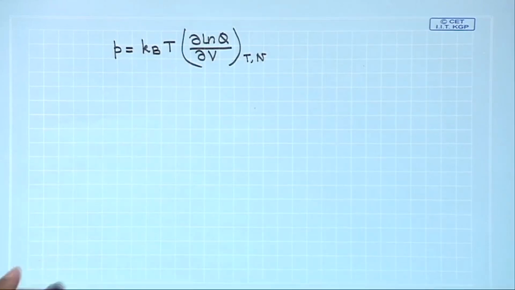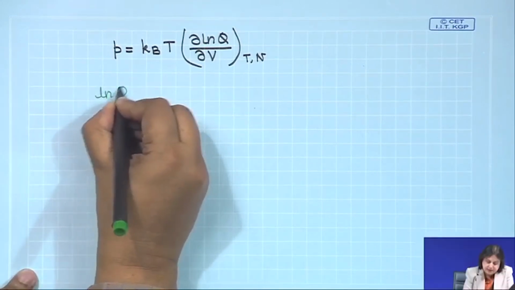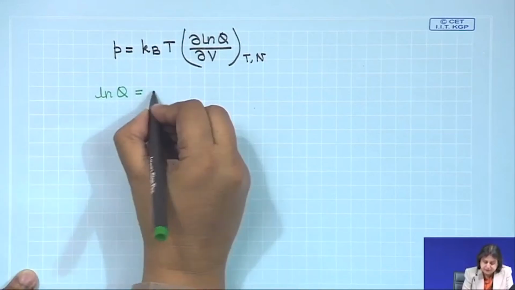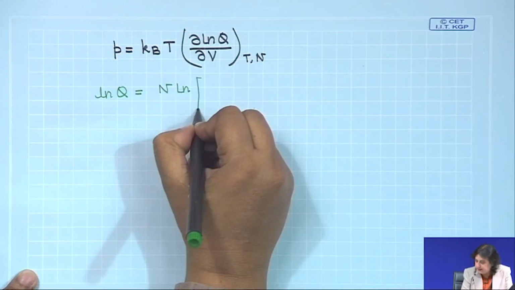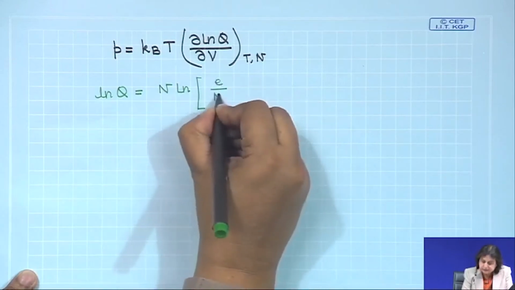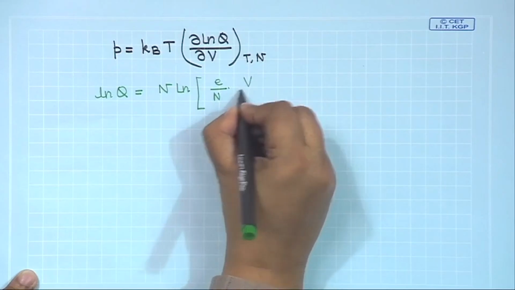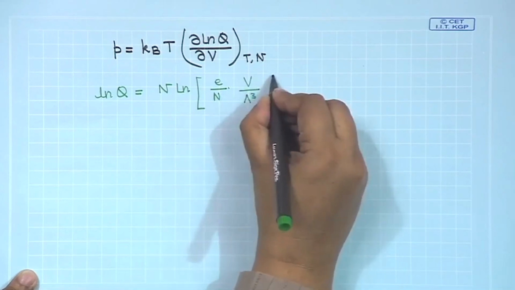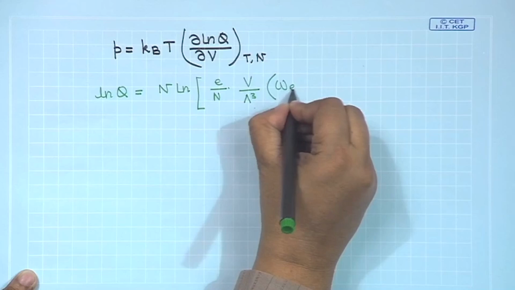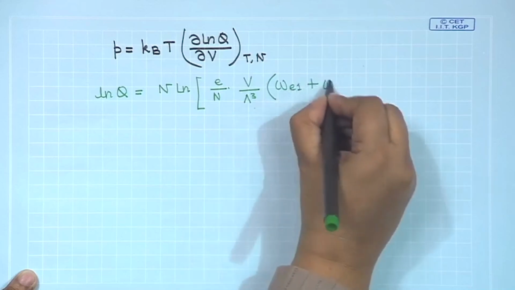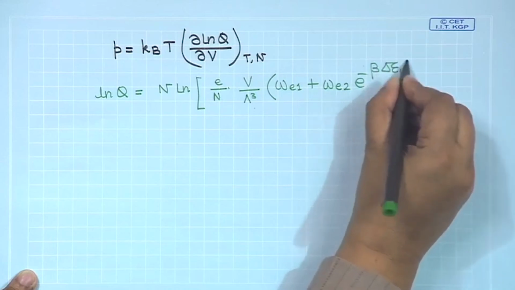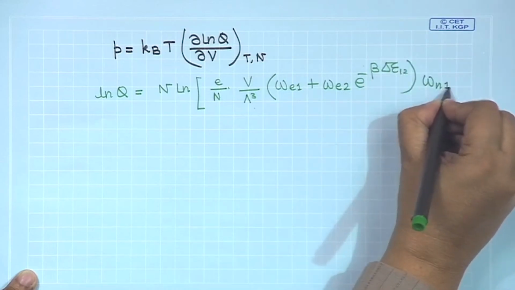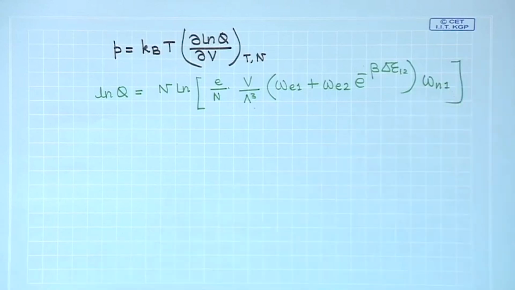Now, at this point we have found what ln Q is. Now, ln capital Q is equal to capital N ln e by N into V by lambda cube into these terms, that omega E1 plus omega E2 e to the power of minus beta delta epsilon 1 2 into omega N1. We have already shown that.